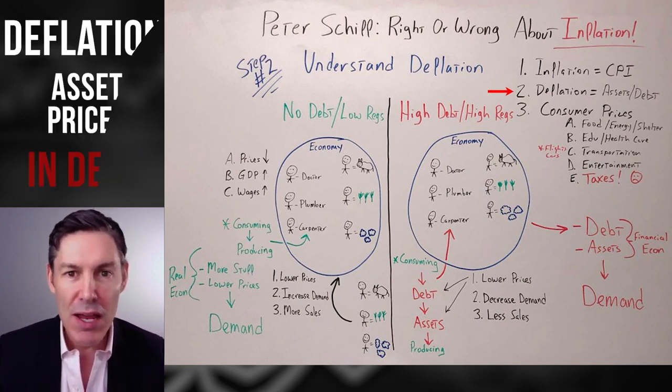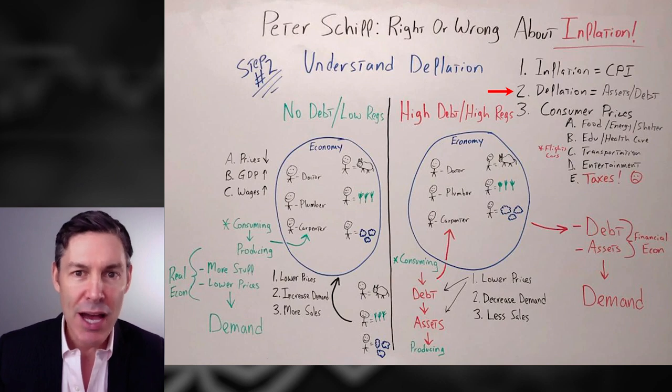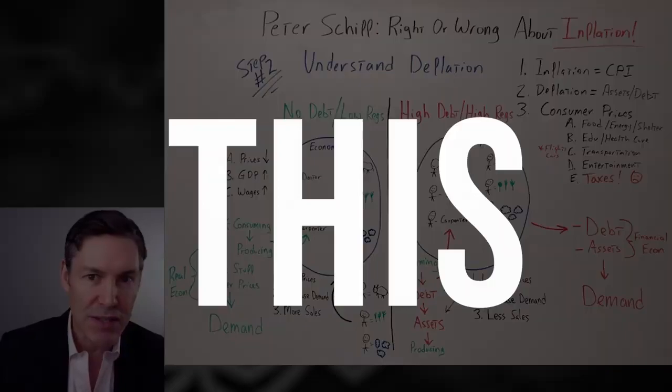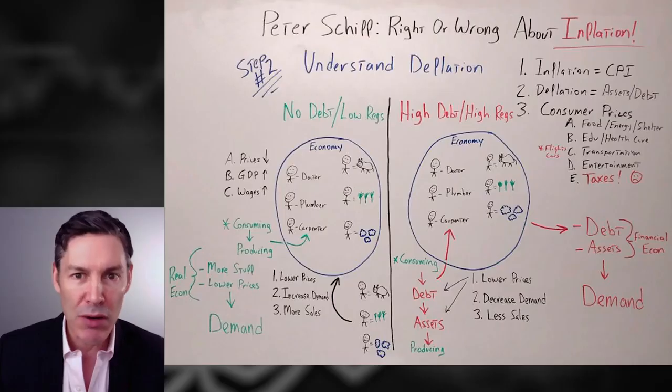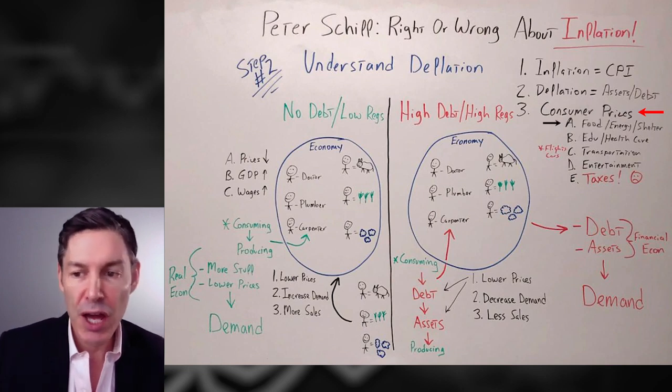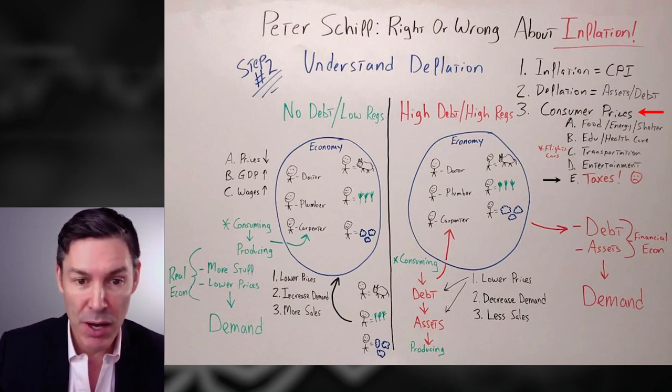So to be very, very clear, as I'm talking about inflation or deflation for the rest of this video, I'm going to be referring to consumer prices like food, energy, shelter, education, healthcare, transportation, entertainment, and taxes. We can't forget about that.